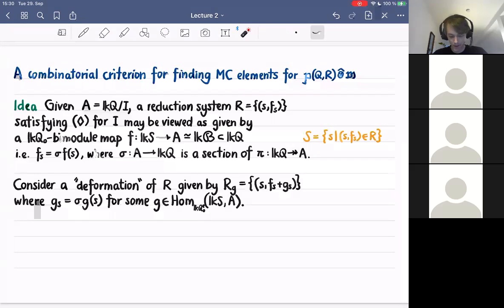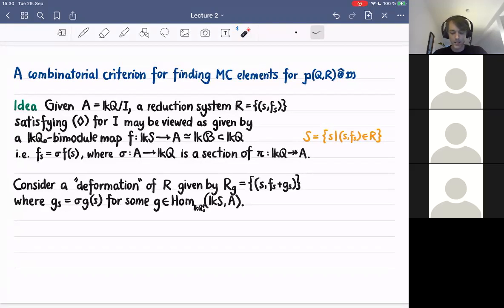This is what I'm going to explain next, and then soon we will see an example, and hopefully by then it becomes more clear that this is something very practical.